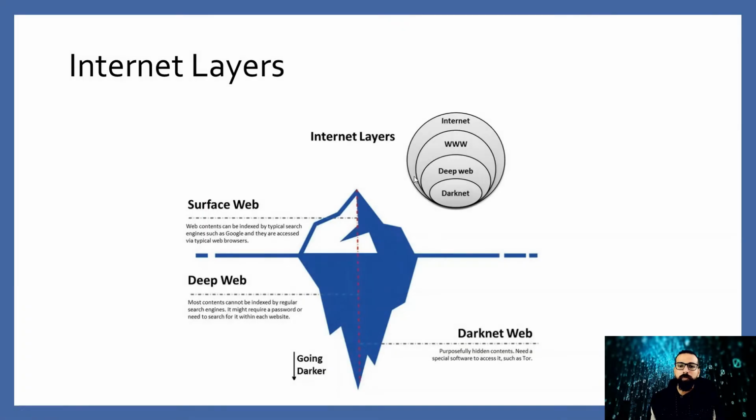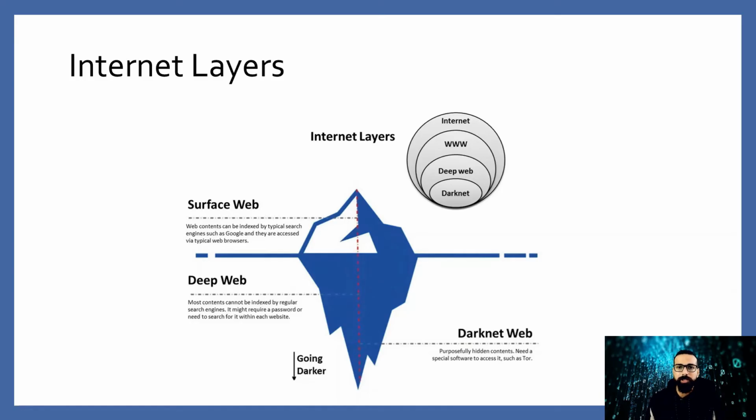All right, so before we get into further details, I was saying that before we discuss the tools or techniques, we need to understand the internet layers. Because during OSINT analysis, as an investigative officer, intelligence officer, or law enforcement agency, you need to search the entire internet for the desired information.